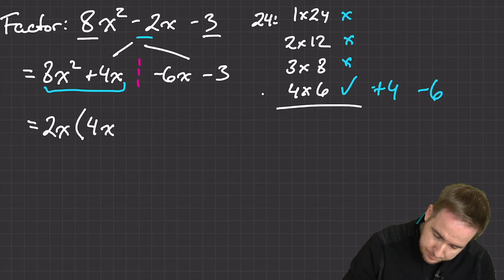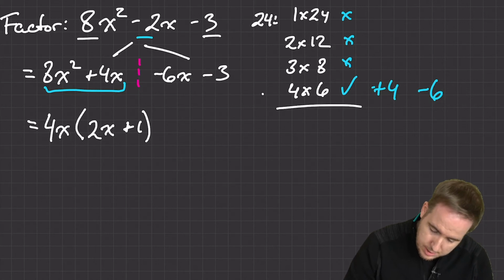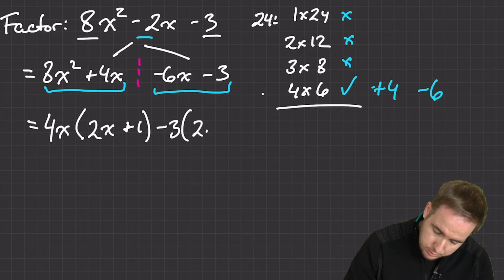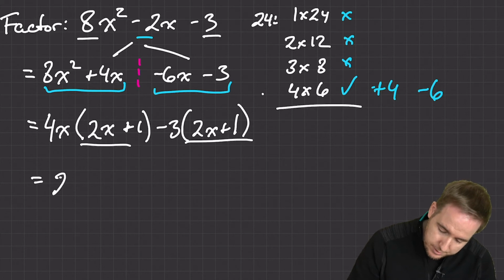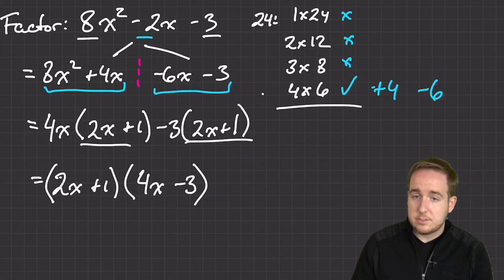Oh, I take that back. 8 and 4, you can pull out a 4. So that would be 2x plus 1. And looking at the second one, take minus 3, 2x plus 1. Notice the bracket at the end of each term is the same. Pull it out to the front.